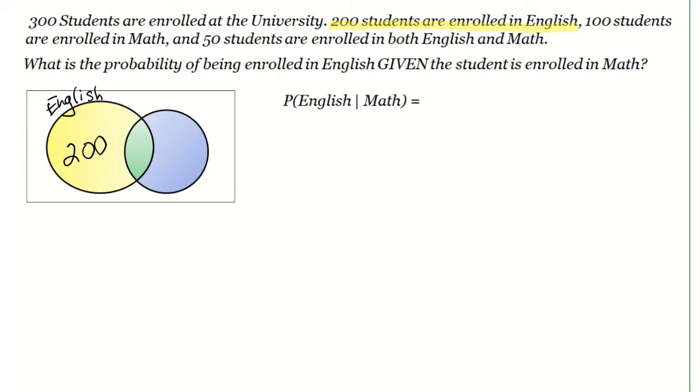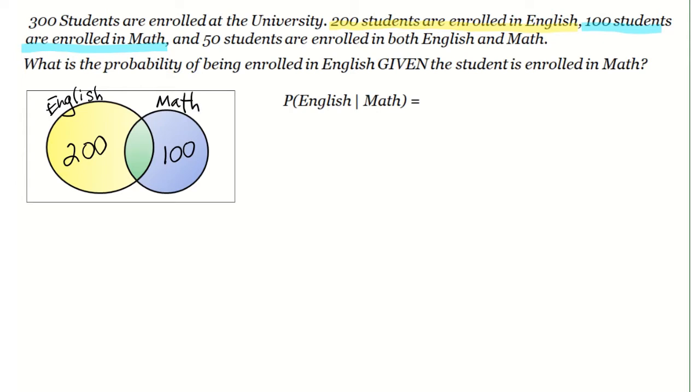Then we have blue, we have 100 students that are enrolled in math. So we'll put 100 and label the blue circle math.